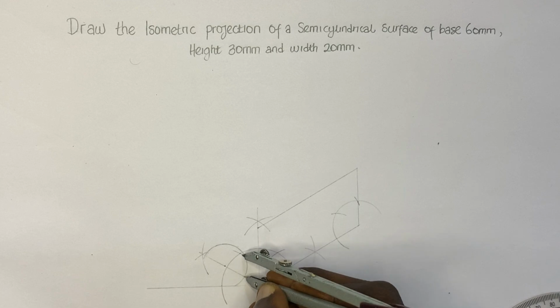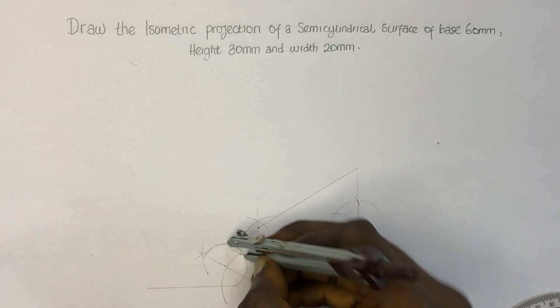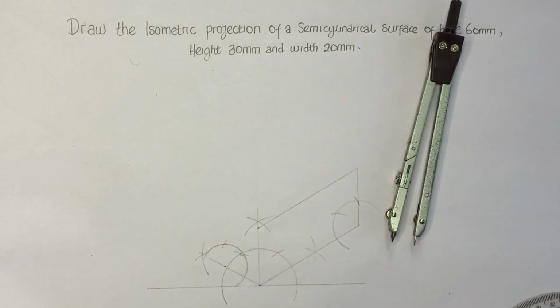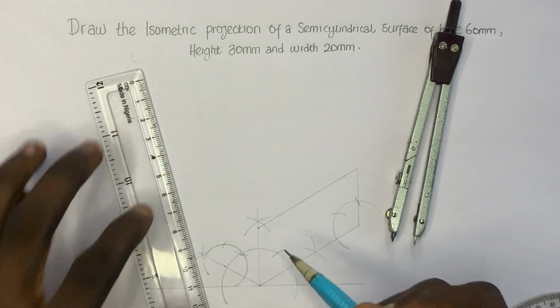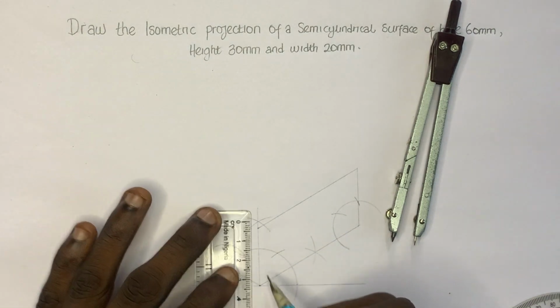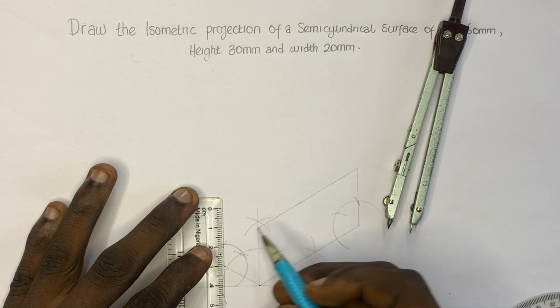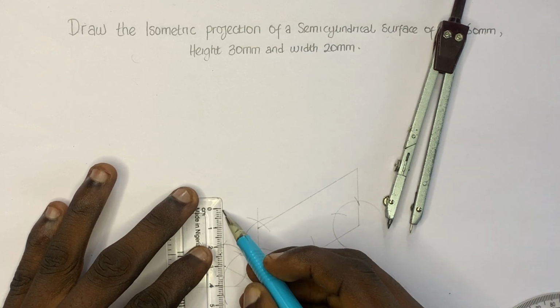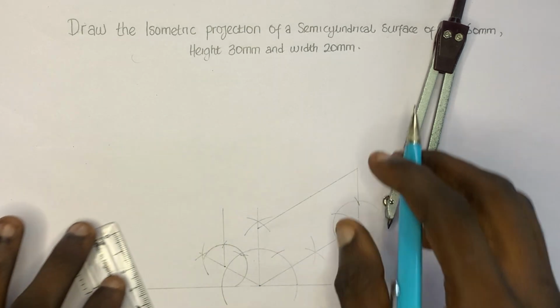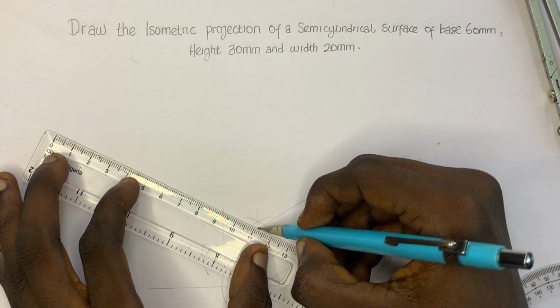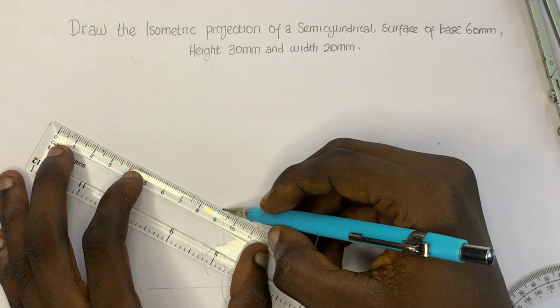So from here we cut here, then we can draw this line upwards, and we said our height is 30 millimeters. So let's take 30 millimeters upward through this point. Then we can join these 2 points.